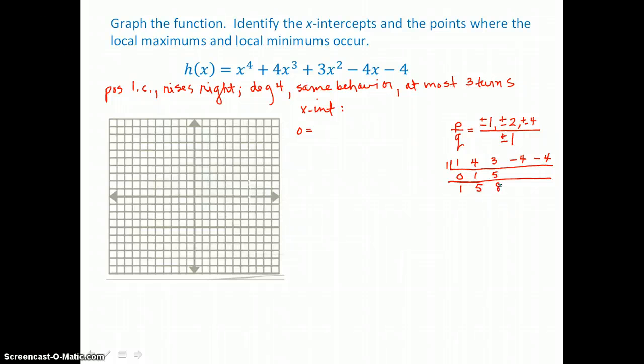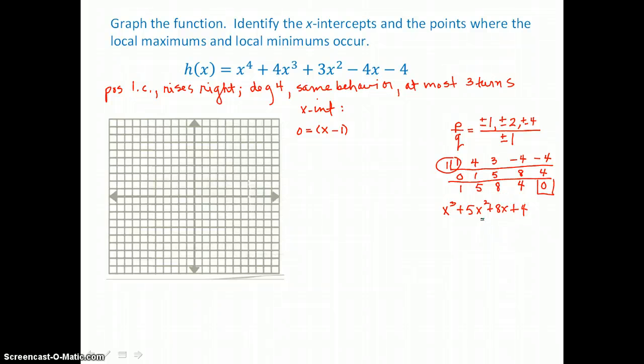Add and get 8. 1 times 8 is 8. So I'll add and get 4. 1 times 4 is 4, and I do get a remainder of 0. So I have found a zero of this function, and I can begin factoring x minus that zero of 1. What's left here is of the third degree: x cubed plus 5x squared plus 8x plus 4.